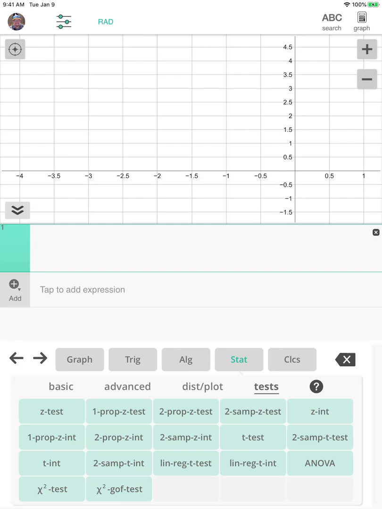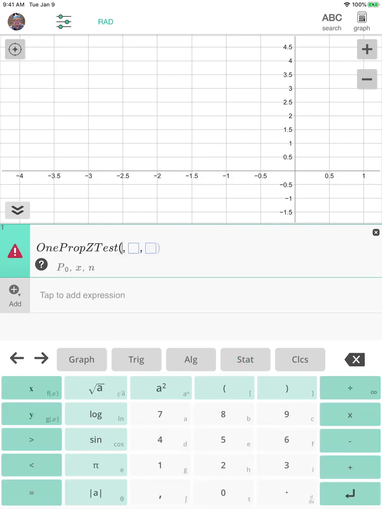So we did one prop z-int when we were doing confidence intervals for proportion. So to do this for hypothesis test, we're going to choose one prop z-test. And then notice, to do a one prop z-test, we need to input 3 things: p naught, x, and n.